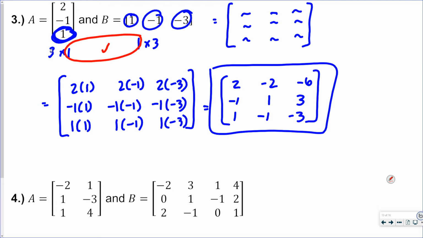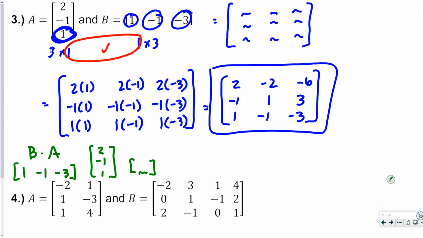It's not asked us to do this, but could I do B times A? Would that exist? Wouldn't you get different numbers? It would, because it's a 1 by 3 times a 3 by 1, and these match, so my resultant would be a 1 by 1. We can do it if you want. B and then A. So 1 by 1 would just be that.